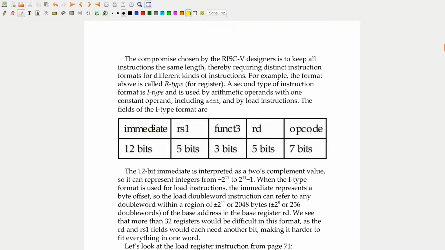Generally, you have different types of instructions. We have R-type instructions, which are generally instructions that use only registers. You have I-type instructions, which are instructions where you have an immediate operand. Say you're adding x2 plus 20 or plus 35, like addi, that's an example.